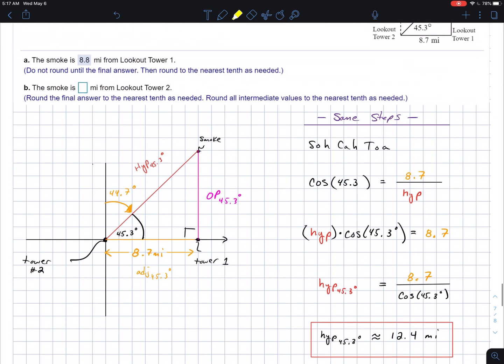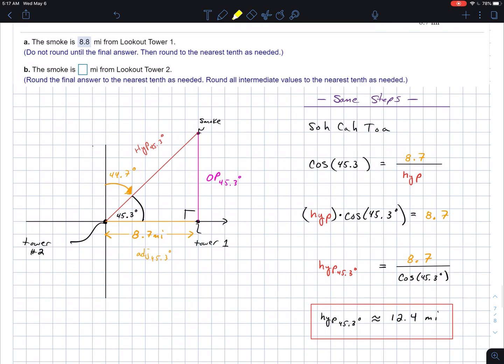Okay. So, same steps. I'm looking at the smoke, but this time I want to know where the smoke is from this tower here. Well, if that's the case, I'm looking for the hypotenuse. So I'm going to look for a side with a value that will help me find the hypotenuse.